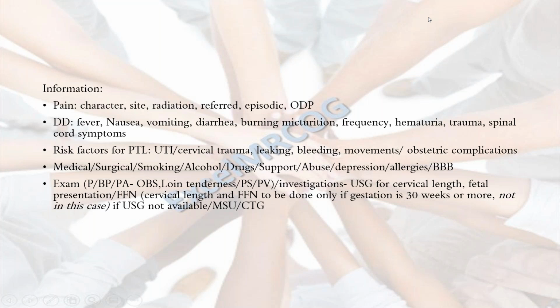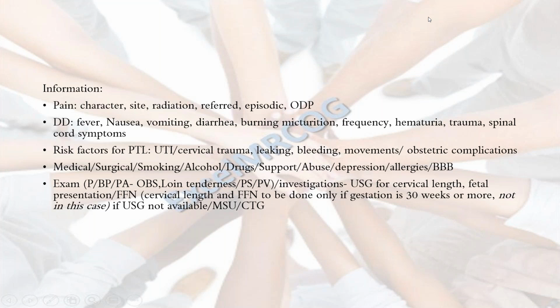So first part is about the pain, second part is about the differentials. Then, since preterm labor is one of the differentials, ask specifically whether she's had history of repeated UTI, any cervical trauma, cervix surgeries, leaking, bleeding, how are the baby movements, obstetric complications. So the pregnancy part is covered here.